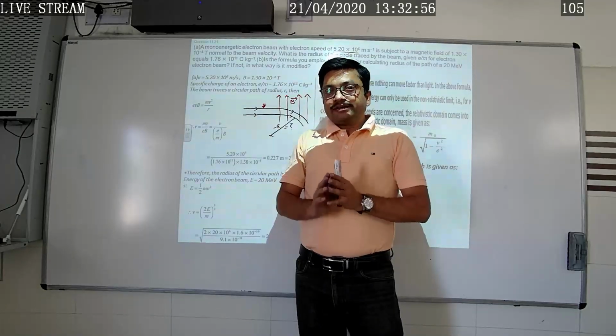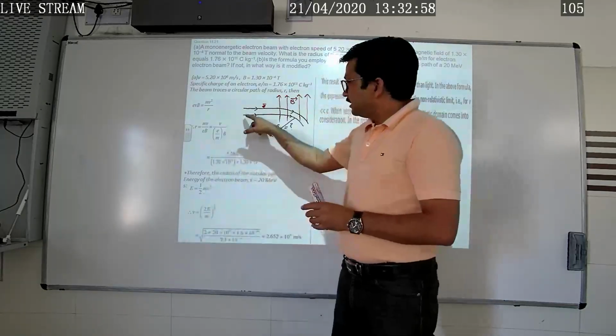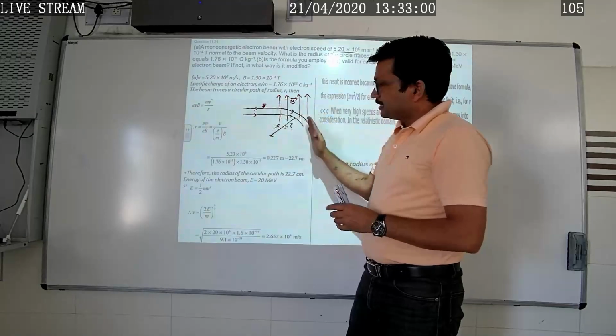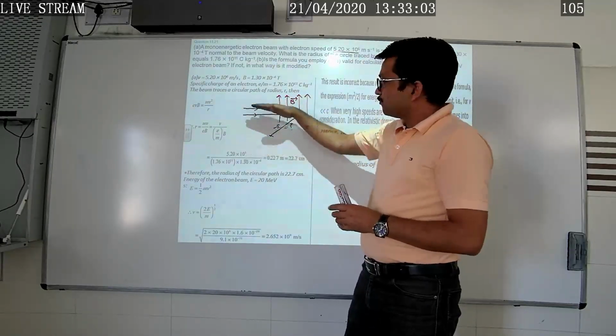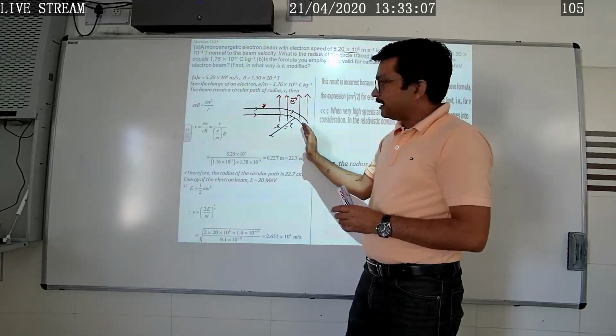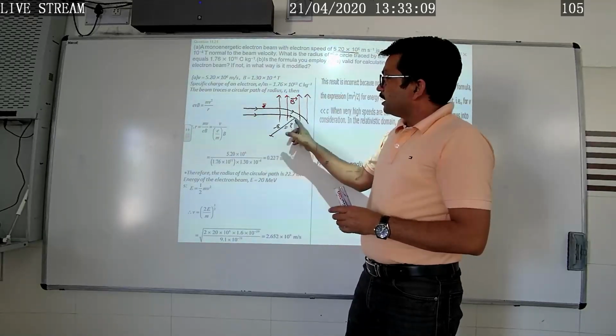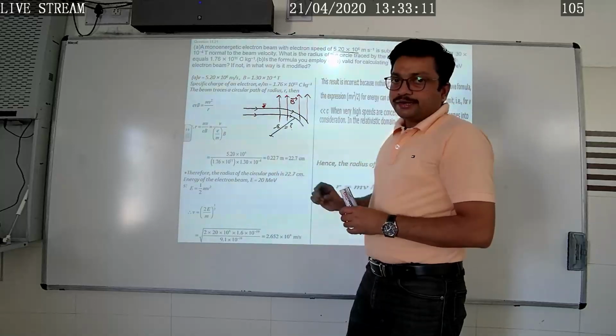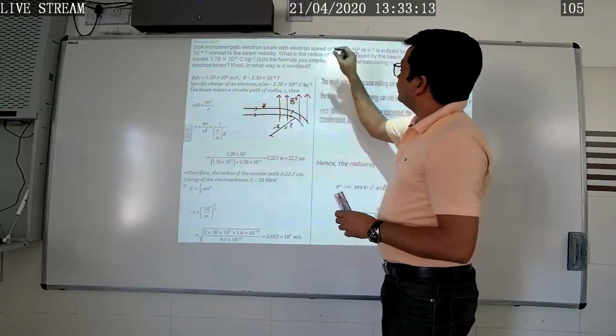That magnetic Lorentz force provides the electron the necessary centripetal force, as a result of which they follow the circular path inside the magnetic field region. So we have to calculate the radius of the circular path in the first part.